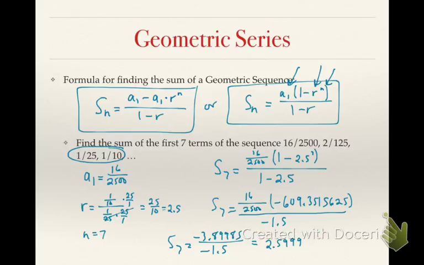So the sum of the first 7 terms is 2.5999. And that's how you find the sum of a geometric series.